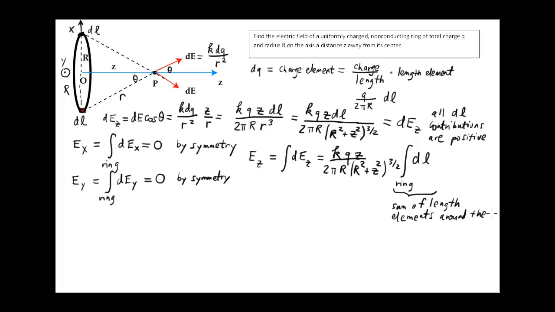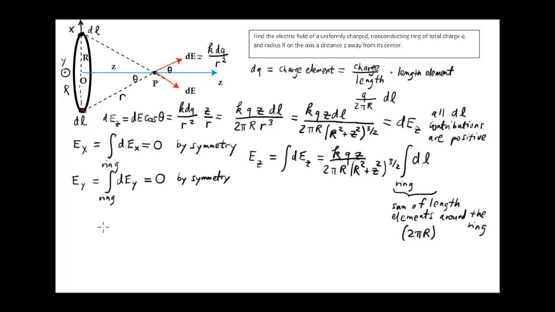And that should be pretty obvious what the answer is, because that just means we add up dl1, dl2, dl3, and as we add them up all the way around the ring, what we've done is we've added up lengths that add up to the circumference of the ring, right? Just 2 pi times r. And so we actually don't even have an integral to do. The integral is simply adding up pieces all the way around the ring, and we know what their sum has to be because they're adding up to the circumference.